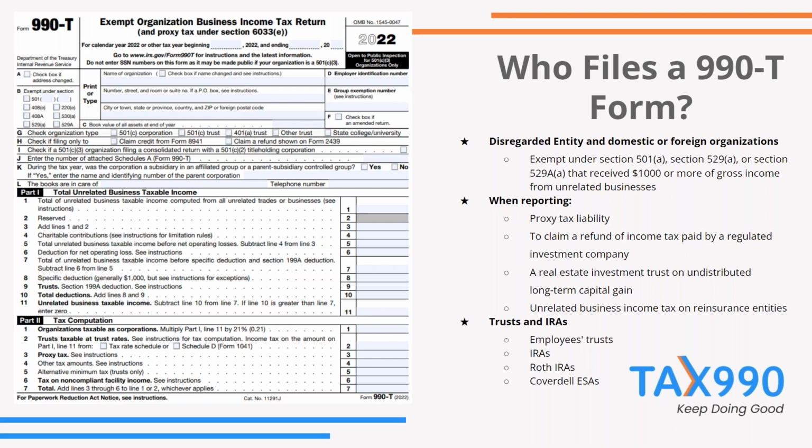The 990T is also used to report proxy tax liability, claim a refund of income tax paid by a regulated investment company or real estate investment trust on undistributed long-term capital gain, to request credit for certain federal excise taxes paid or for small employer health insurance premiums paid, and to report unrelated business income tax on reinsurance entities. Certain organizations such as employee trusts, IRAs, Roth IRAs, and covered out ESAs also use the 990T to report unrelated business income.